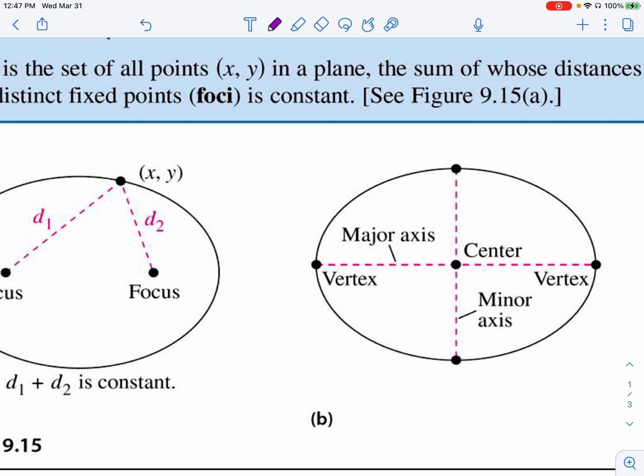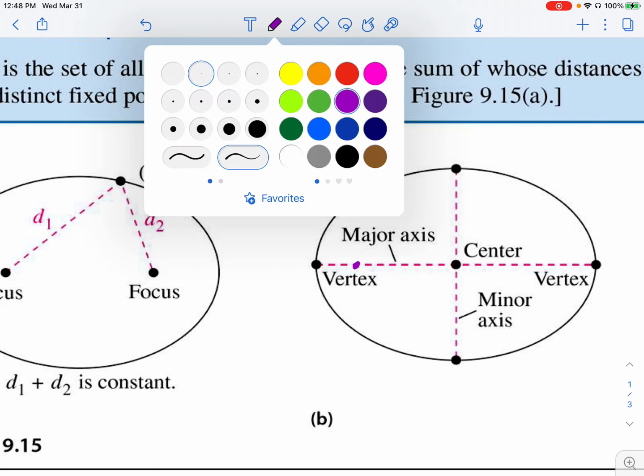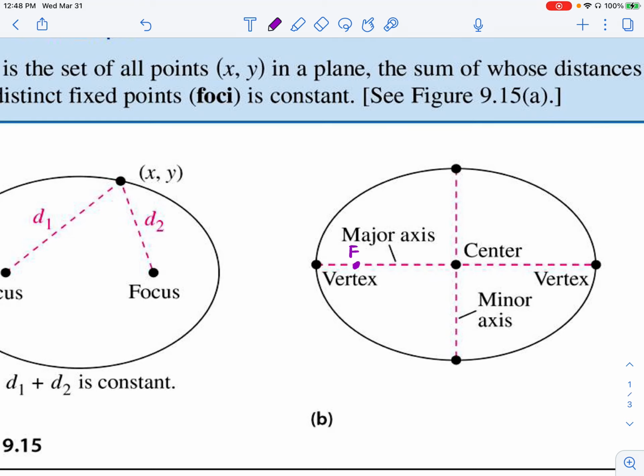We have the center of an ellipse, and somewhere along what we call the major axis are our foci. So the major axis is the line that runs through the center, it runs through the vertices, and it also runs through the foci, wherever they might be. We're not exactly sure, and we'll talk about how we can find where our two foci are. But somewhere in here we have some foci.